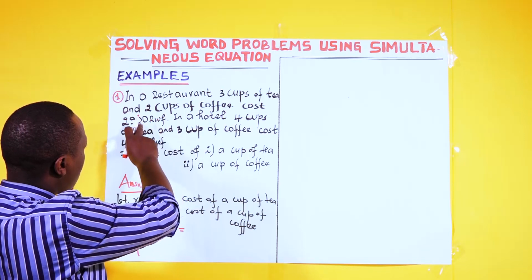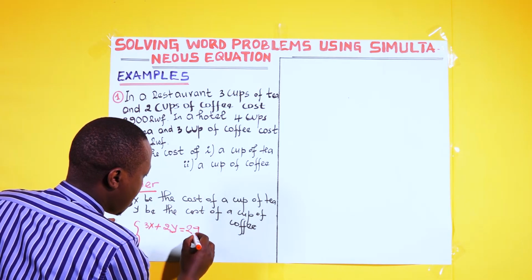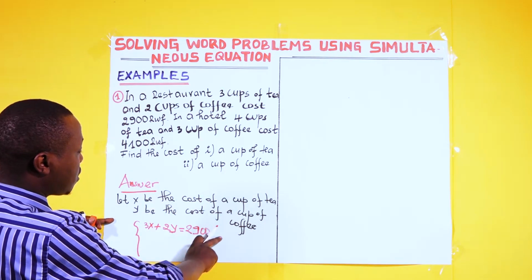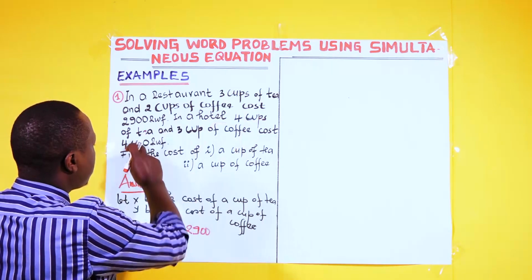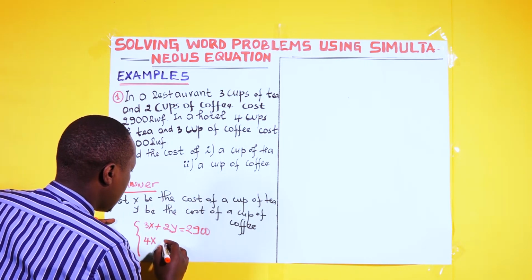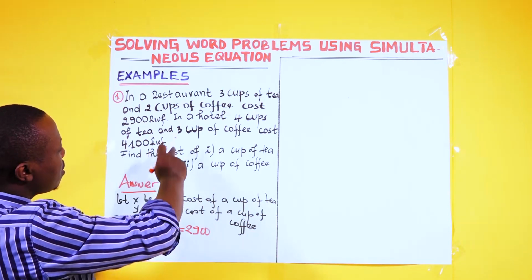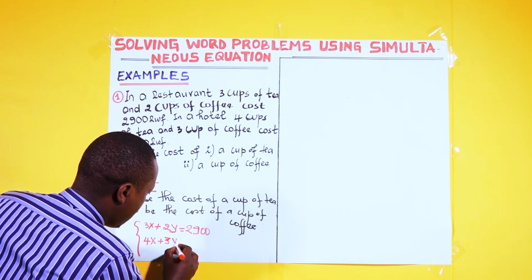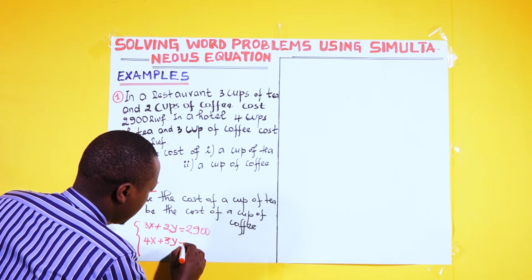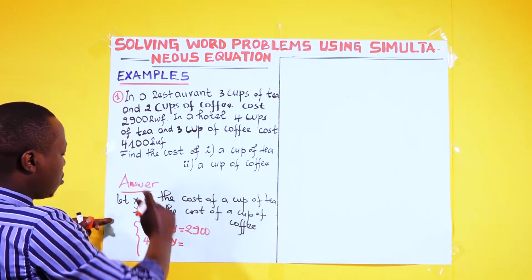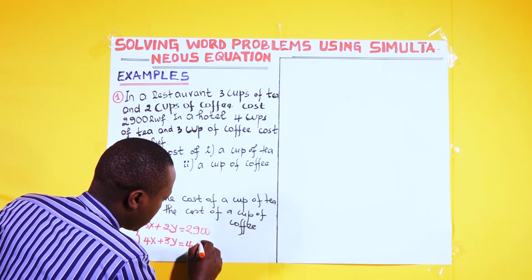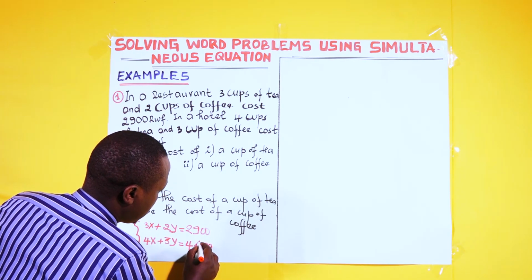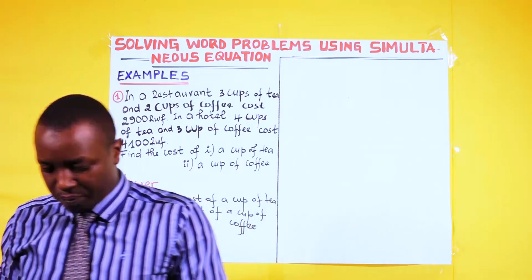The amount here, cost, is 2,900. This is the first equation. The second equation will be 4 cups of tea, it means 4X plus 3 cups of coffee, it is 3Y. Okay. This is equal to 4,100, right? Alright. So this is a system.